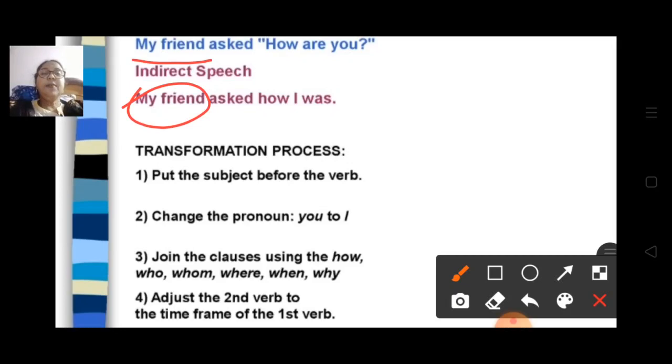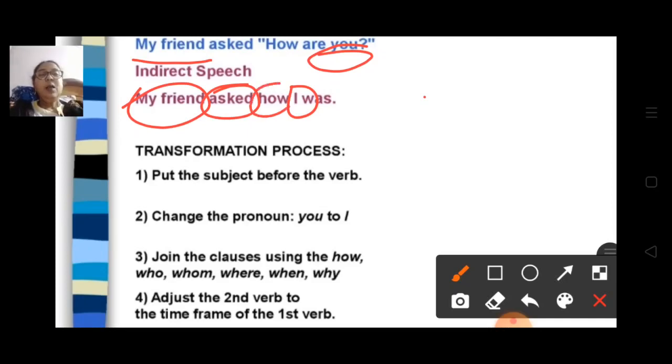So we have put the subject before the verb, and changed the pronoun you to I. Now here how are you is changed into I, and here you can join the clauses using how, whom, when and why.